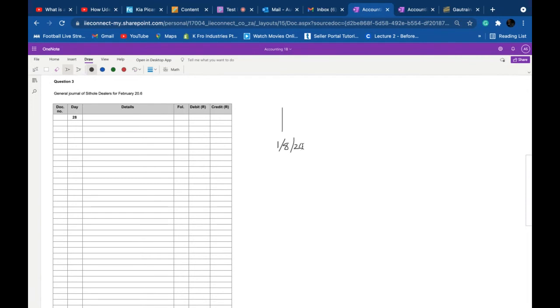2019, and we are doing this until 31 July 2020.